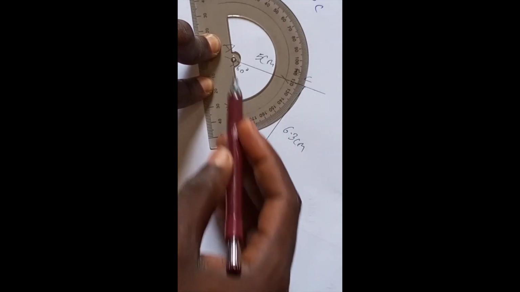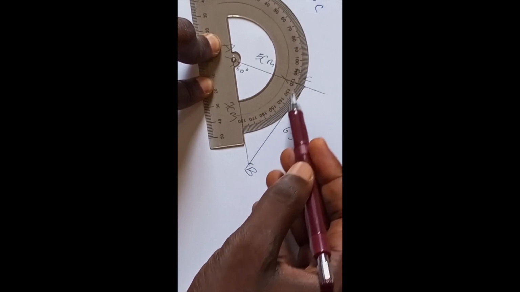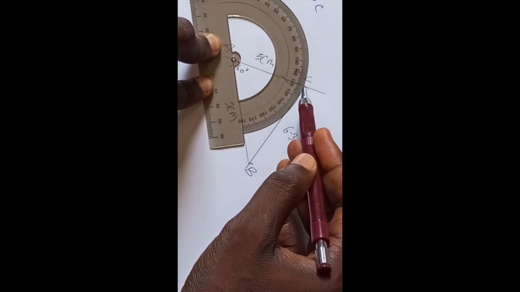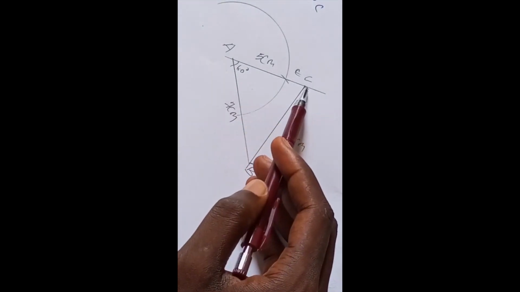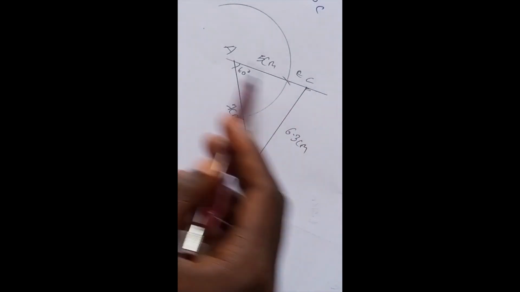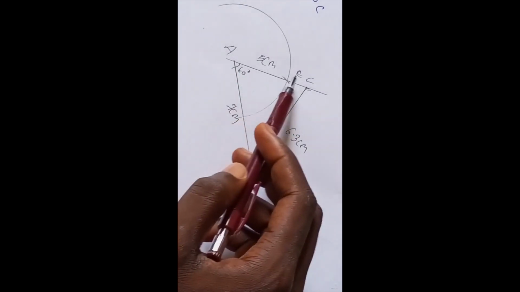Then measure 10, 20, 30, 40, 50, 60. Then you pull it out. Then you mark it, you draw a straight line from this point to this point, you have the 60 degree. And on that, measure your AB. By measuring, you will have your answer to be the same thing we have just done. So that's the end of that.